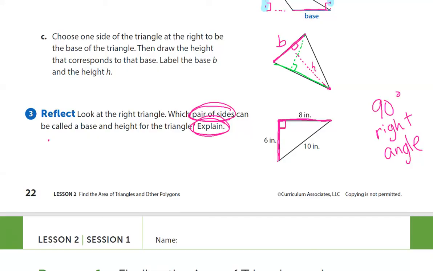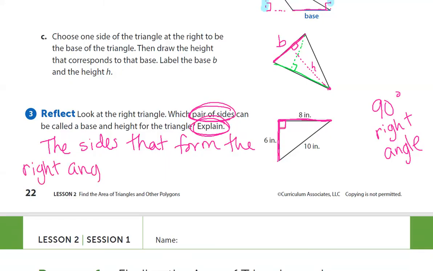There we go. The sides that form the right angle can be the base and height because they are perpendicular. I'll switch to cursive again.